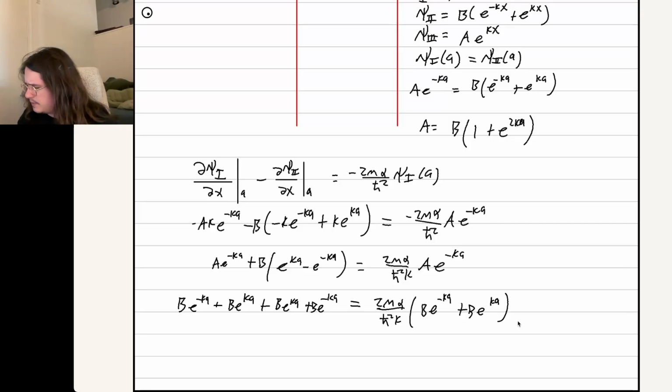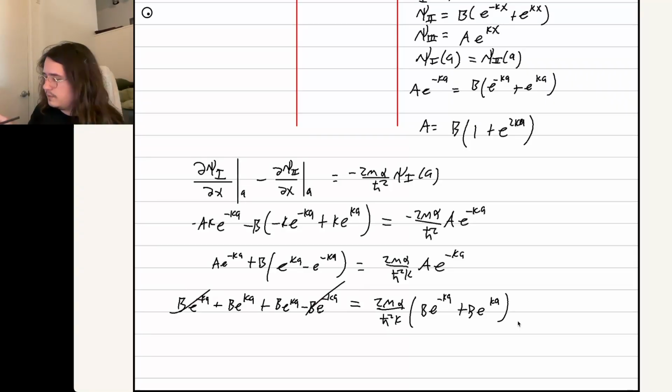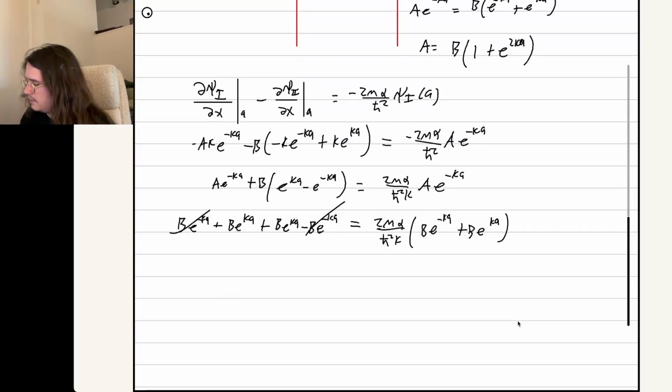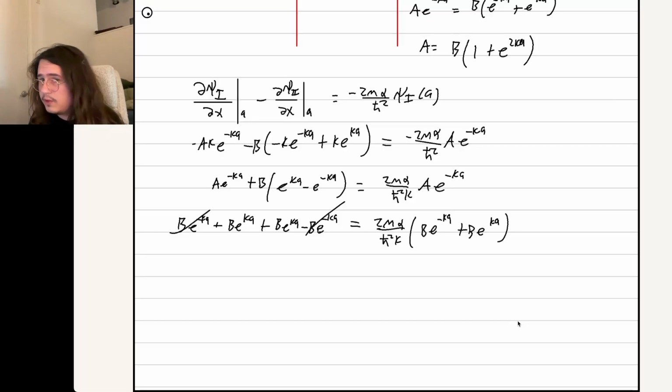And actually, there's a minus sign on here, and that's an important thing to have because we find that this term cancels out this term, which is pretty funky. And then we also notice that B is on all of these terms, which means B is going to cancel out in the end, which means B is a free variable. So we're going to set B equal to 1.